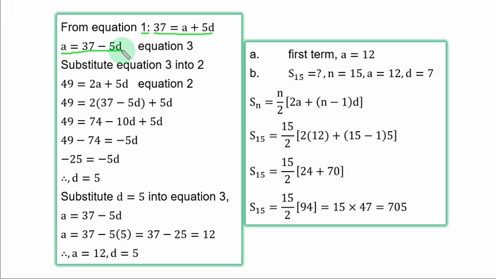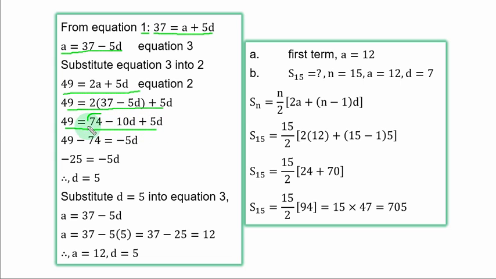This is the rule. Equation 1 produced equation 3. For you to continue, you have to substitute equation 3 into equation 2. So this is equation 2. Anywhere a is, you replace it with equation 3, 37 minus 5d. If you open the bracket, you have 49 equal to 74 minus 10d plus 5d.